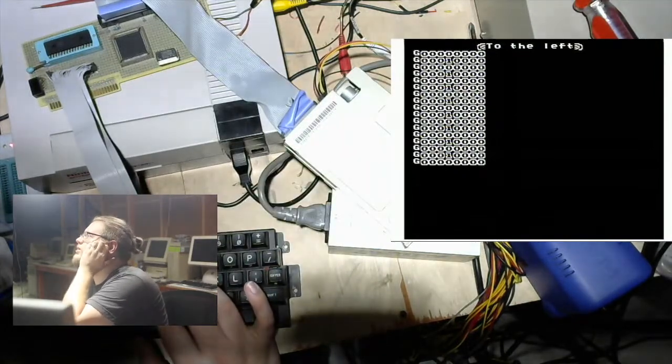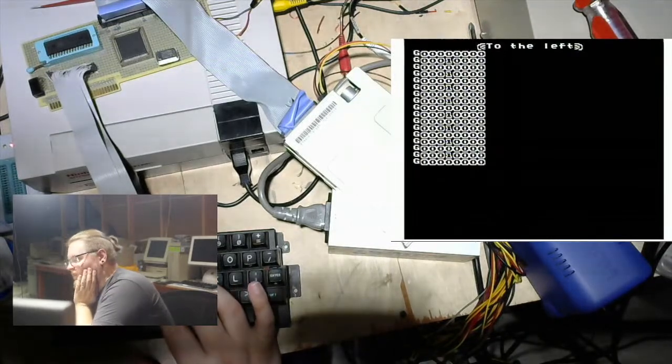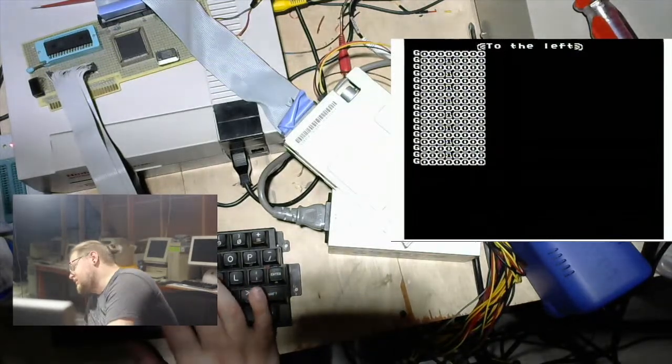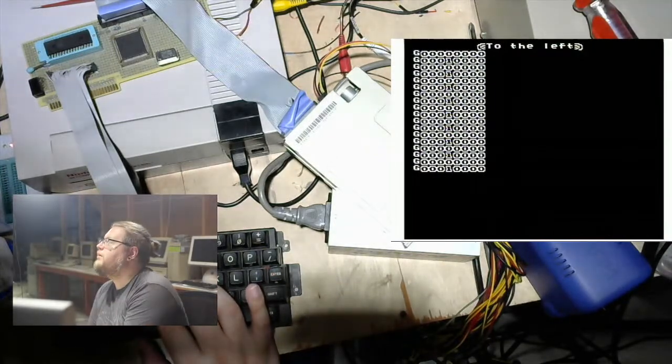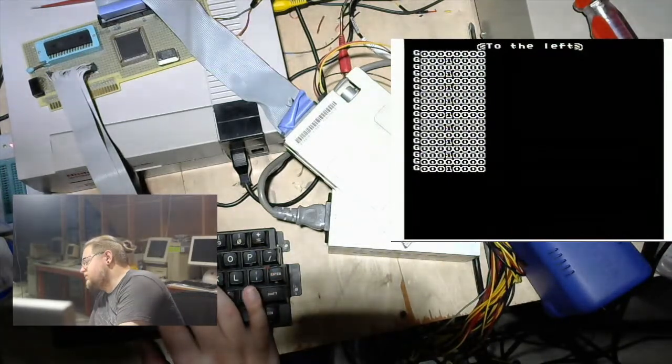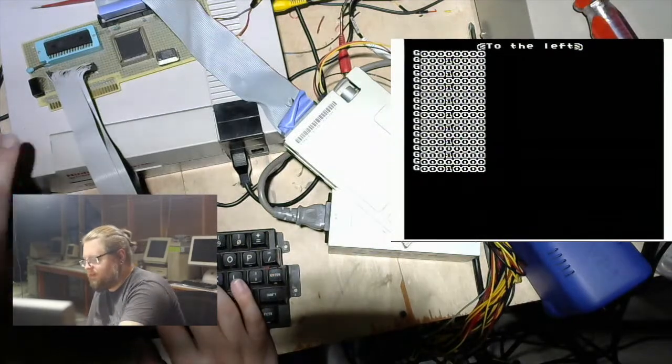Unless I blew it up. And power is on. So anyway, it's doing stuff. Maybe only if a floppy is inserted. I find that questionable, but let's find a floppy.